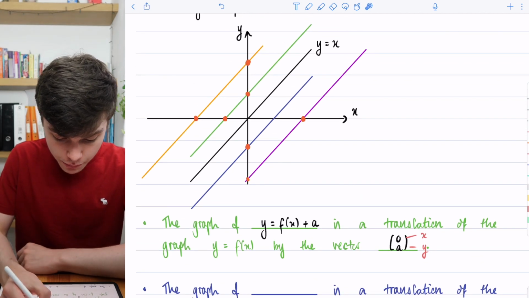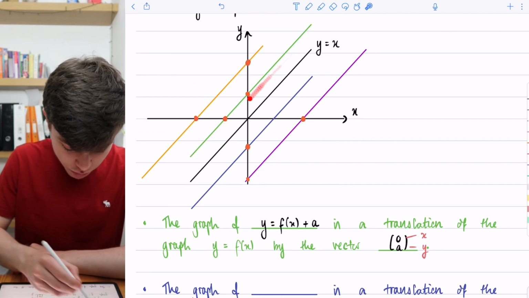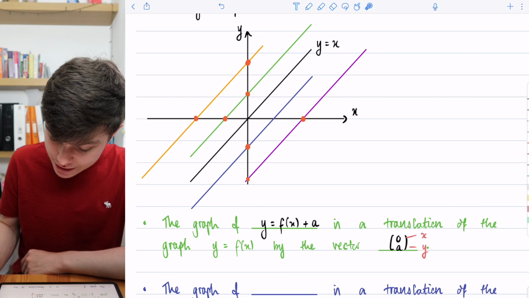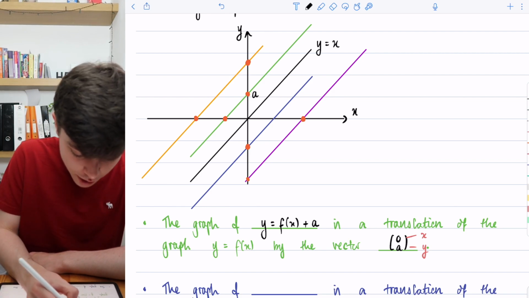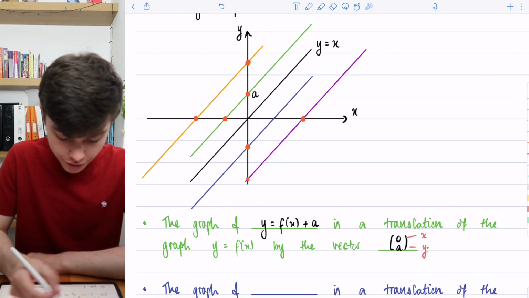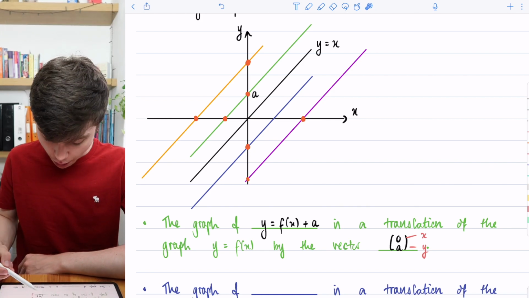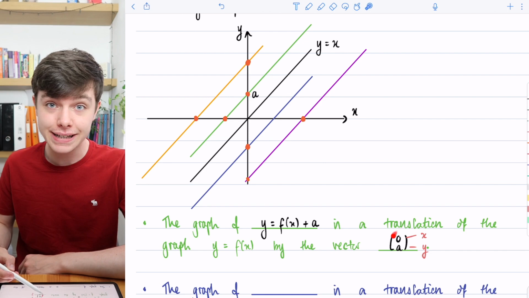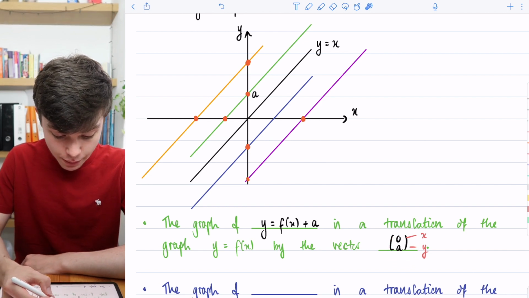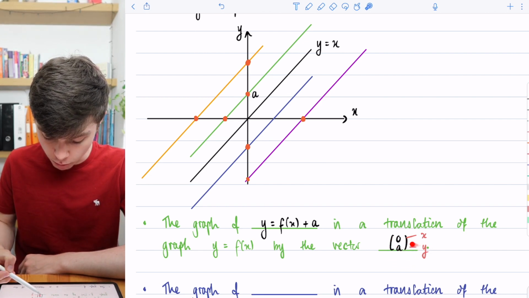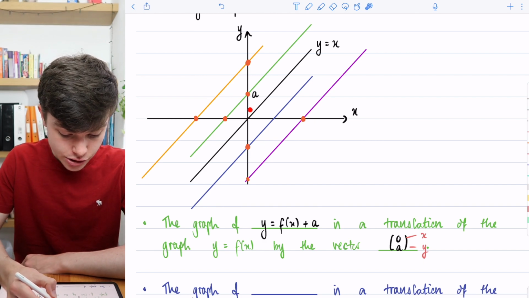Okay, so that was the green line here. If we add a to it, that means this intersection point must be a, because we've gone from being at the origin here, 0, and we've translated it by this vector, 0, a. We've done nothing in the x, we've gone up by a in the y, so we moved it up.